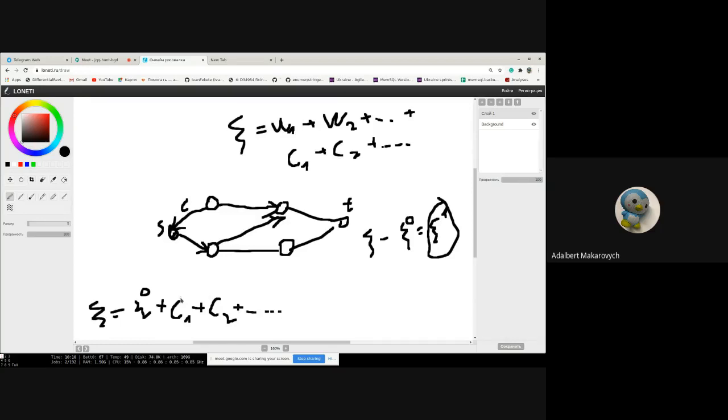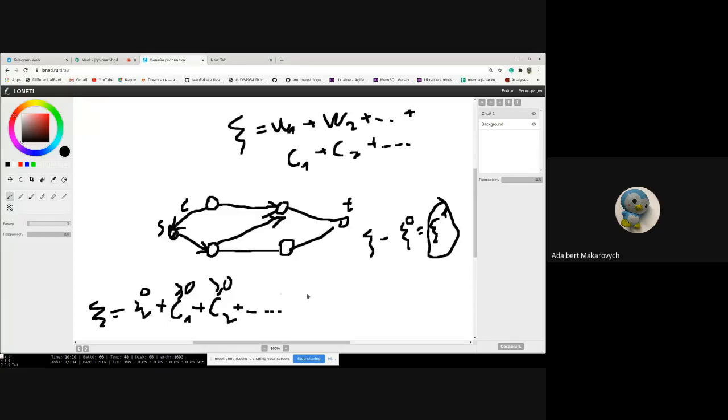But we said that every cycle in C has a non-negative cost. So all these numbers are non-negative, not negative.